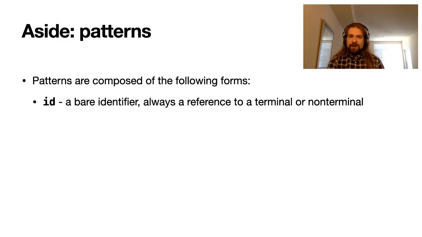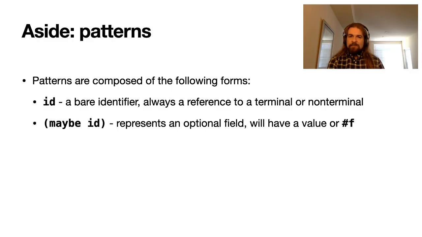So here, our bare identifiers are always a reference to a terminal or a non-terminal within our pattern. We can have maybe ID, which is an optional field. So we expect it to be a reference to a terminal or a non-terminal, but it'll either have the value type of that terminal or non-terminal or just be represented as #f.